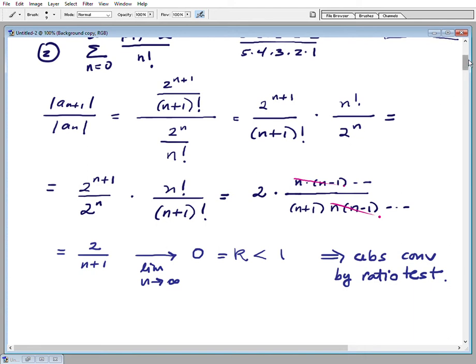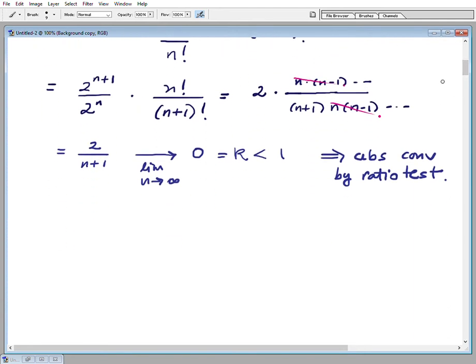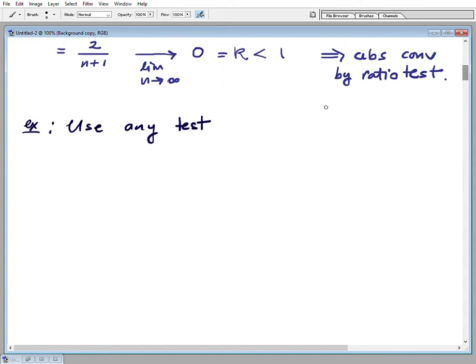All right, let's look at another example. Now let's look at some examples where we're going to use any test at all. I'm just going to write these down.